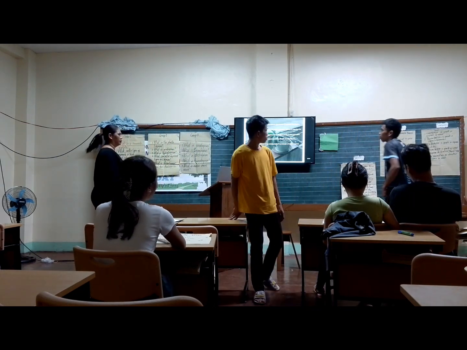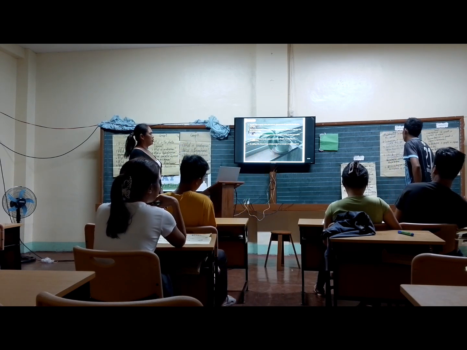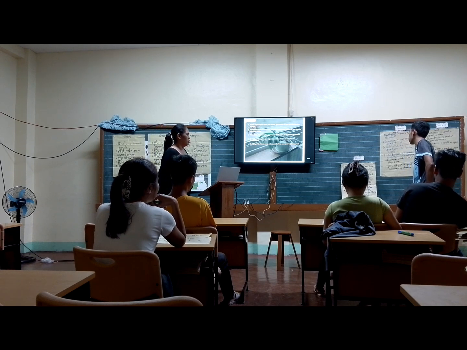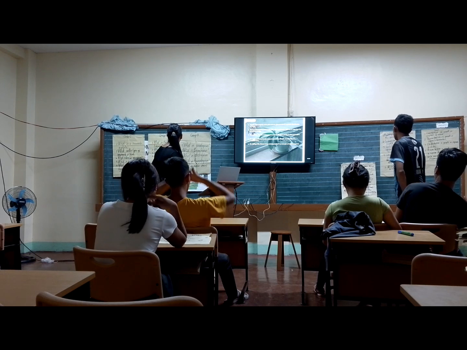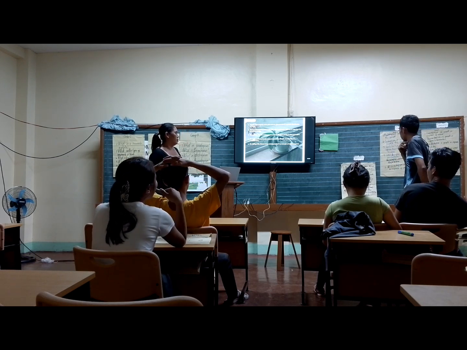Group 1. What is a movement in plants? Movements in plants are movements toward light, opening and closing of flowers. Group 2. What are the types of movements in plants? Tropic movements and nastic movements.